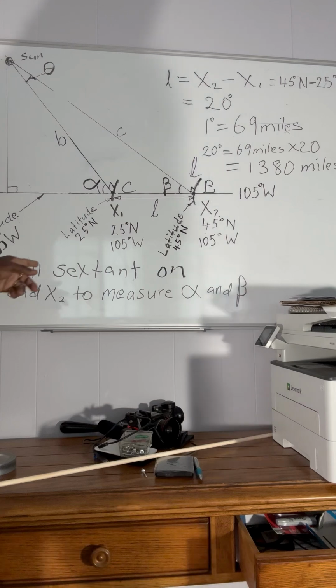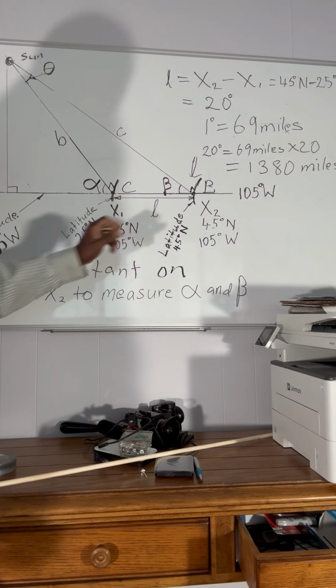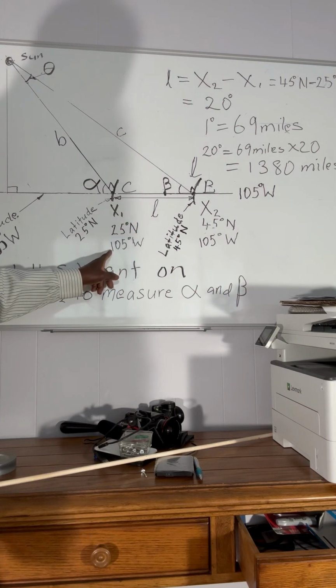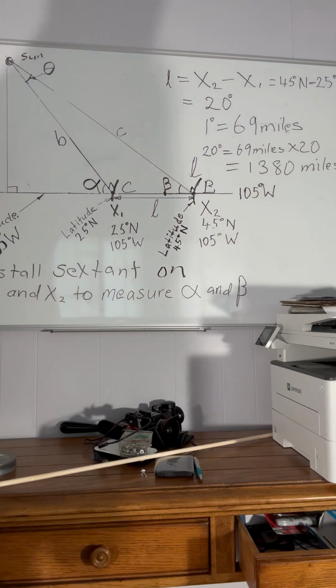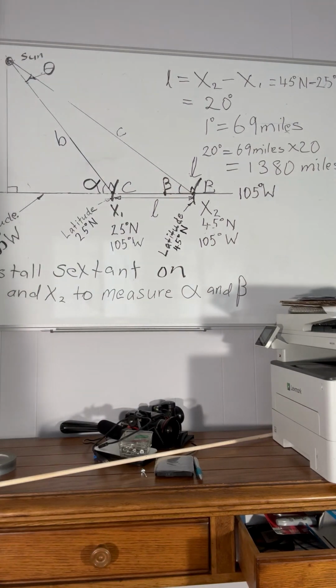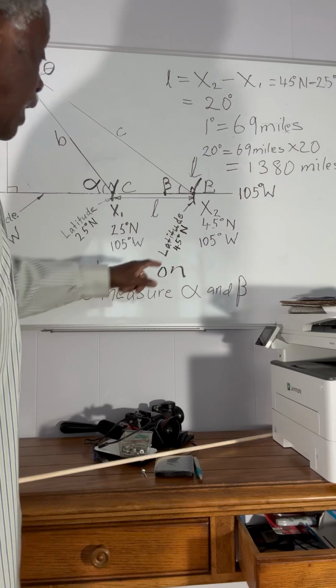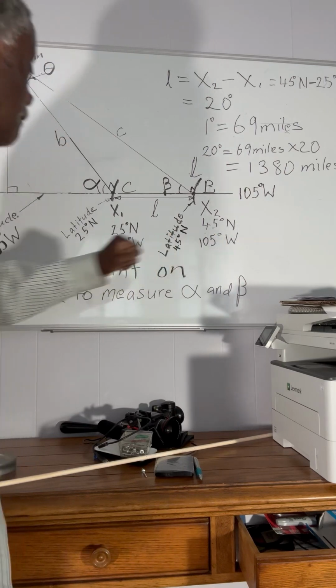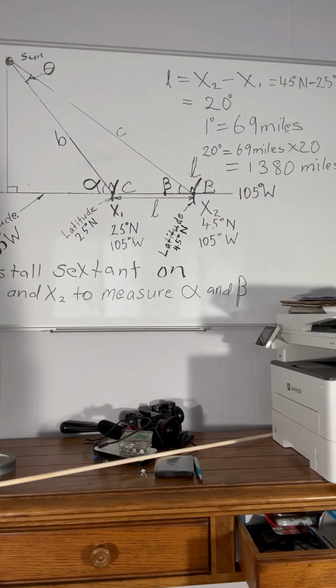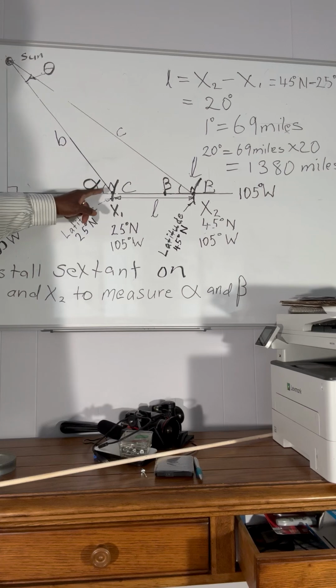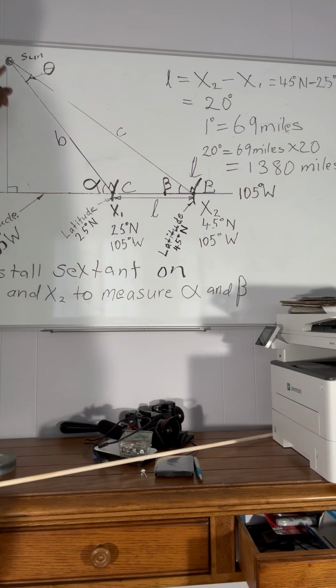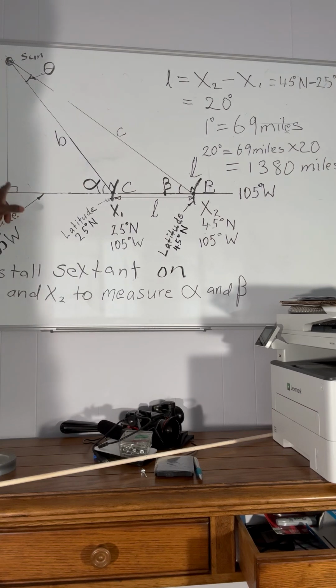Its location is going to be 25 degrees north and 105 west. The other sextant will be 45 degrees north and 105 west. We want to measure the angle of elevation of the sun when the sun is exactly on 105 west.